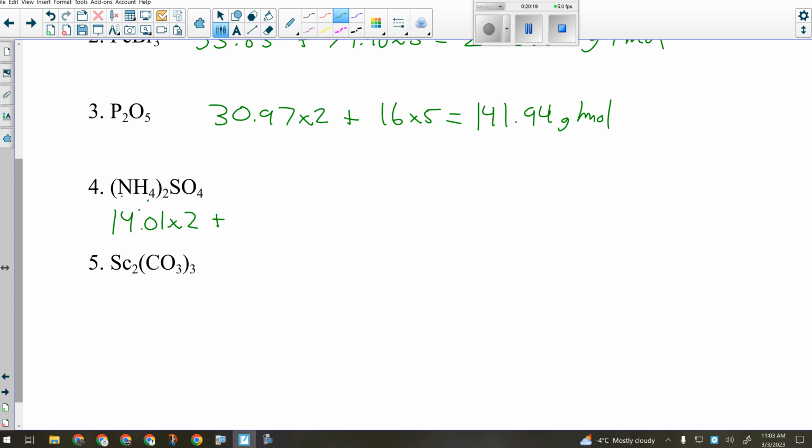So plus 1.01, the mass of hydrogen, times 8 hydrogens, plus 1 sulfur, so 32.07, and then plus 4 oxygens, so 16 times 4. I just have to be able to interpret the formula so that I know how many of everything there is.